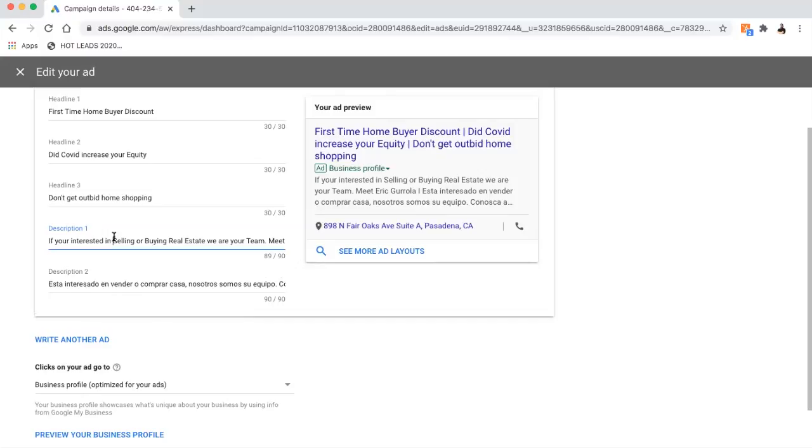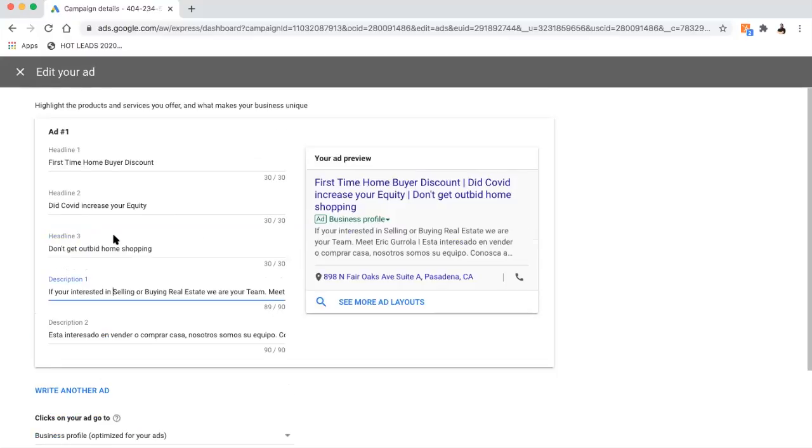Dynamic basically means that they will shift and change and rotate based on what the client is looking for, what that person is researching. So if someone's researching buy my home or real estate or anything related to that, then your headlines will show up on the top as ads.